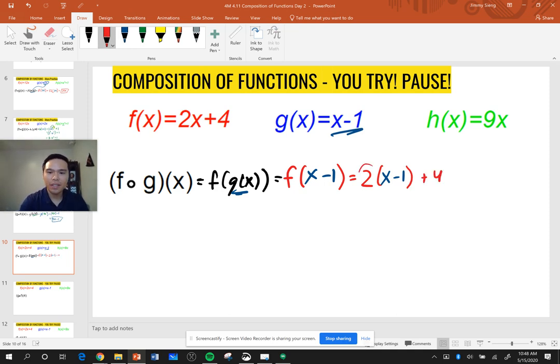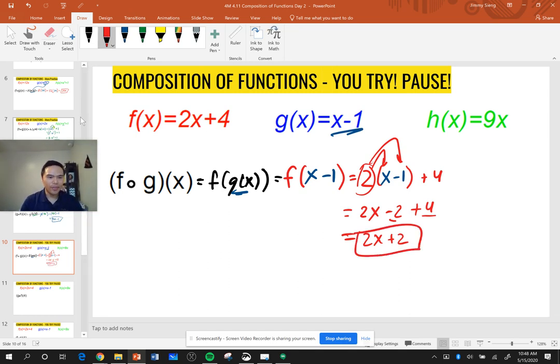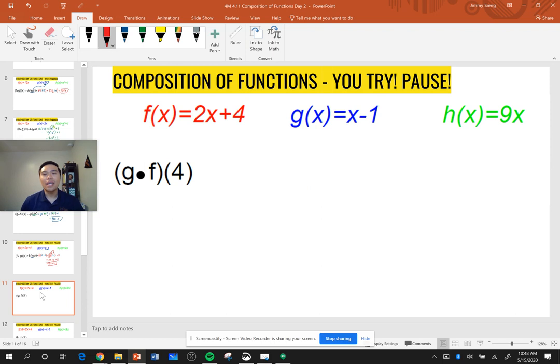Okay, what do you have to do here? Notice you need to distribute that 2. So you got 2x minus 2 plus 4. Simplify that. What's negative 2 plus 4? That's 2x plus 2. We're golden. Did you get it like that? Good job.